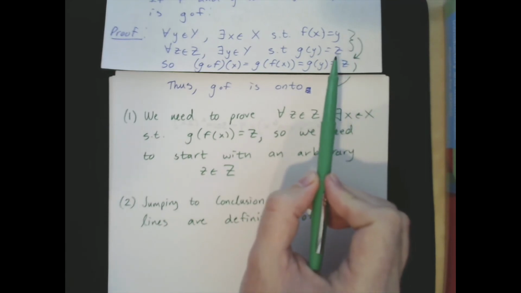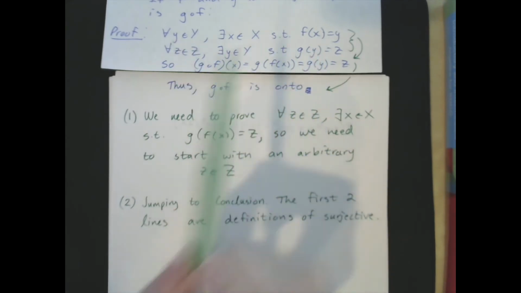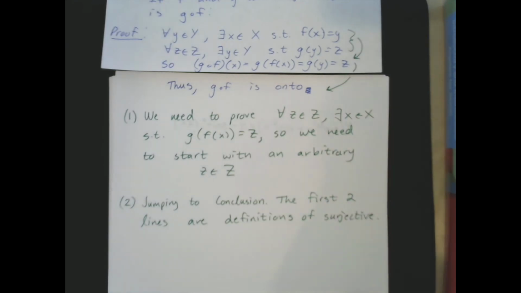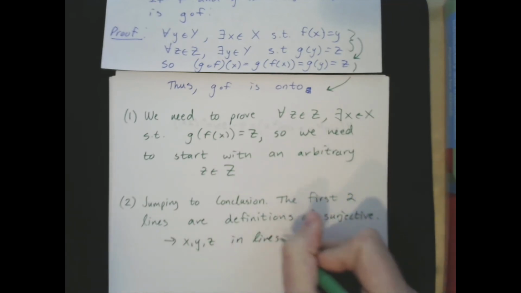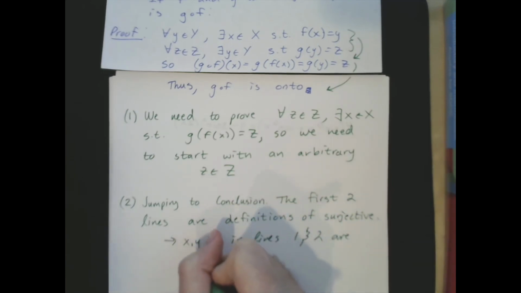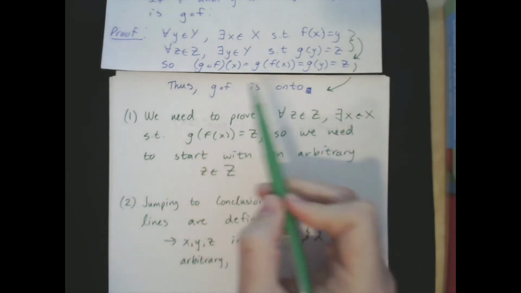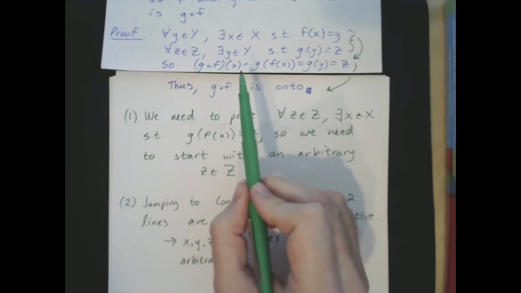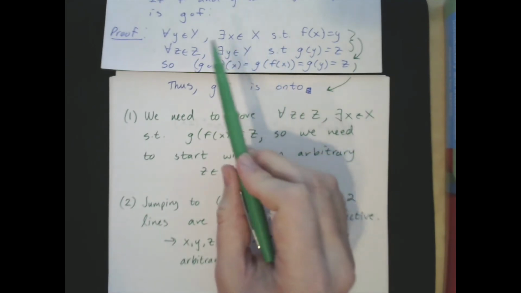Now the reason this is jumping is that the x, the y, and the z in these first two lines are all arbitrary, because these are just general definitions. So x, y, and z in lines 1 and 2 are arbitrary, which means when we get to line 3 and we start actually looking at a value, the y here is not this y, and the x here is not this x.